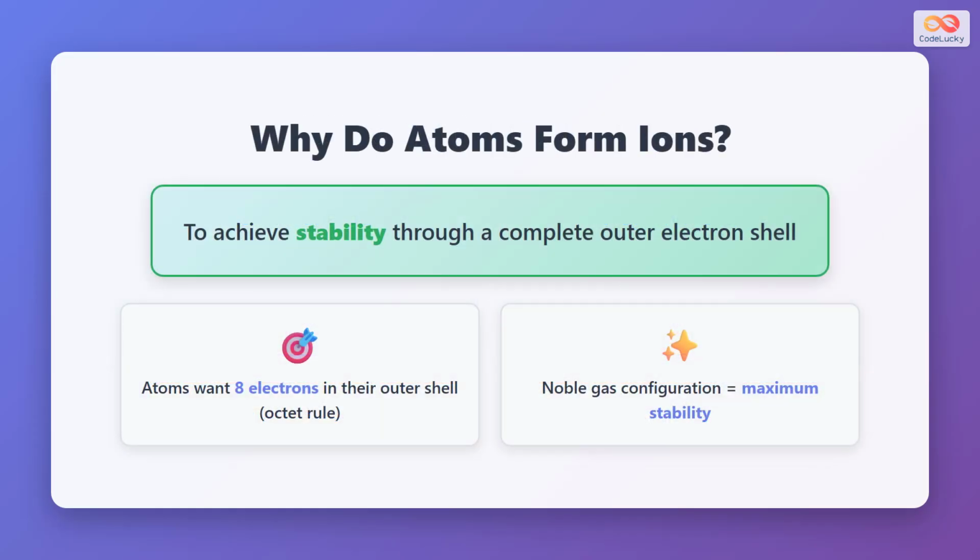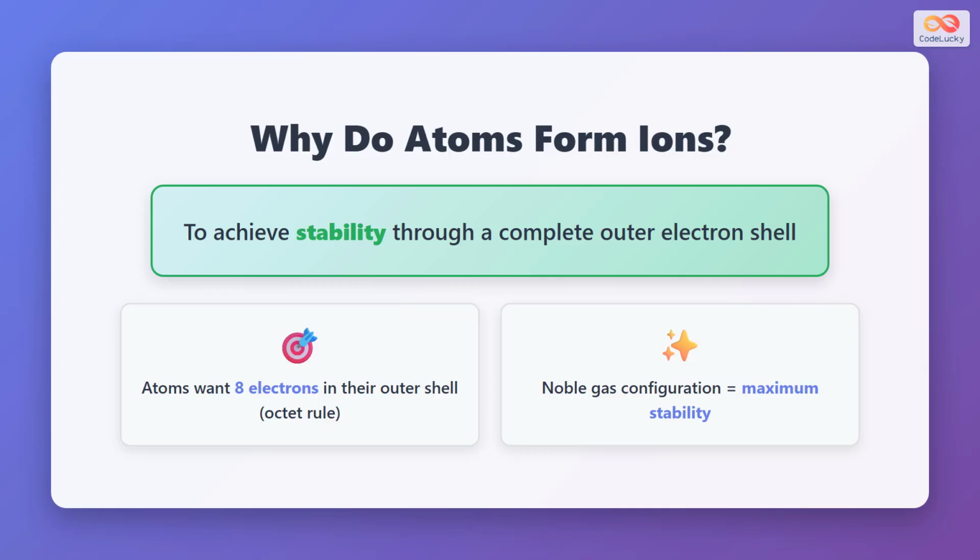You might be wondering, why do atoms form ions in the first place? The answer lies in stability. Atoms naturally want to achieve the most stable electron configuration possible, which means having a complete outer electron shell. This is called the octet rule. Most atoms want 8 electrons in their outer shell, similar to the noble gases like neon and argon, which are extremely stable and unreactive.